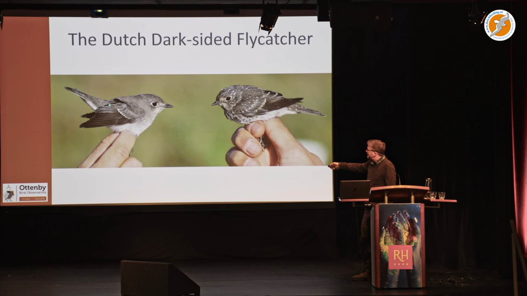These birds are both first calendar year birds, but this is how a flycatcher looks when it hasn't performed the molt, and this is what a flycatcher looks like after it has performed this post-juvenile molt. It has lost the spotting that the Asian brown flycatcher also has, but you still see that there are some juvenile greater coverts and juvenile tertials present in this bird. So the same bird, but they have different molt patterns.